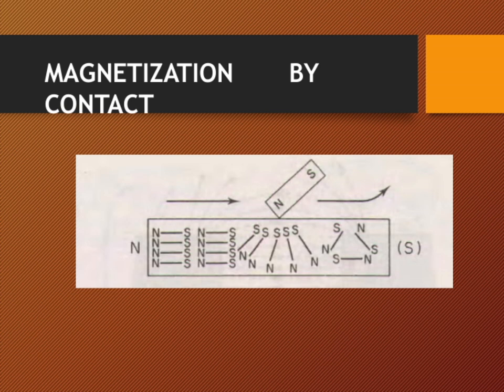It's a practical way to induce magnetization in a controlled manner, especially in manufacturing or repair processes. Understanding this contact-based magnetization helps us see how magnetic properties can be manipulated locally, which ties into the overall theme of how we can control and utilize magnetism in various applications.